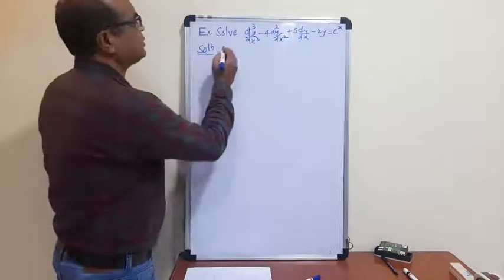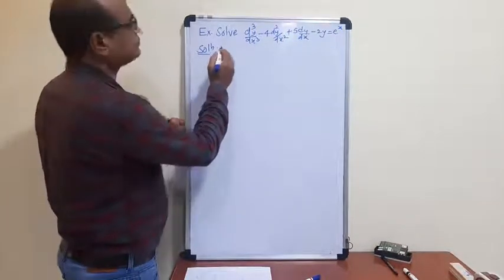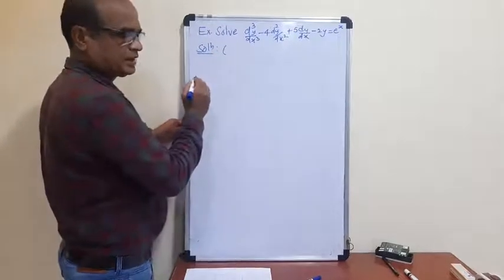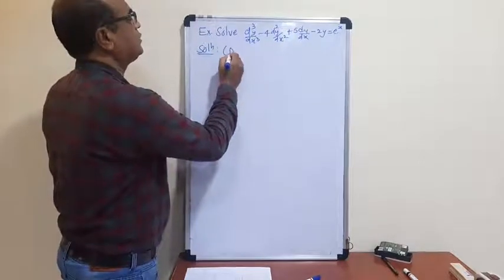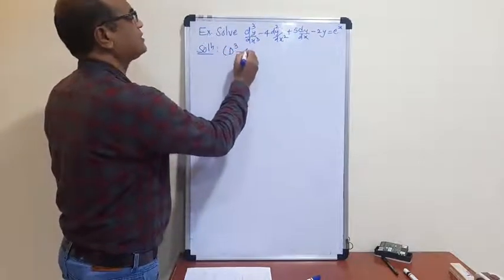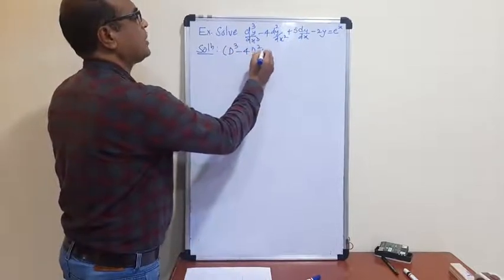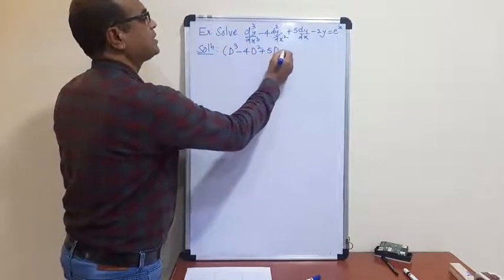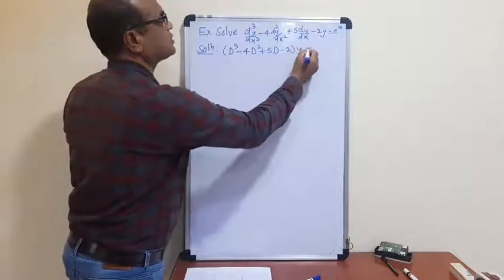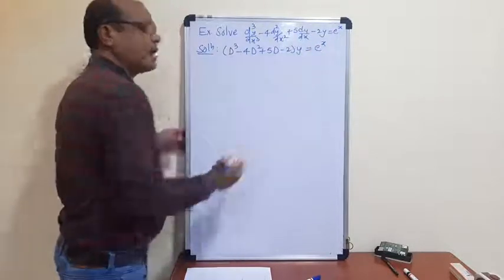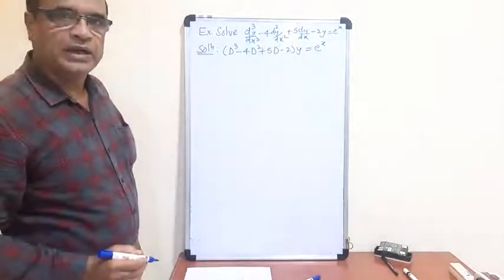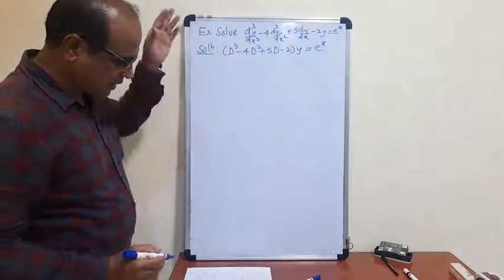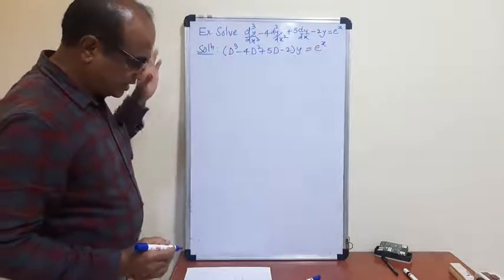The given equation can be written as (D cube minus 4D square plus 5D minus 2)y is equal to e raised to x. By using the operator D, that is d by dx, the given equation becomes like that.